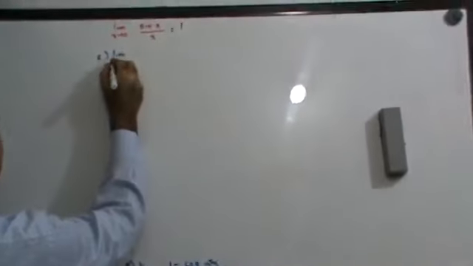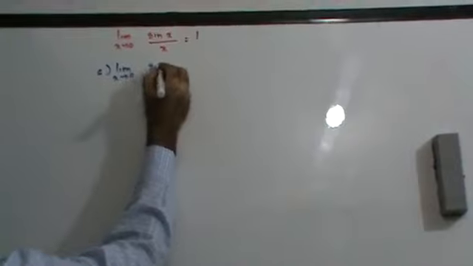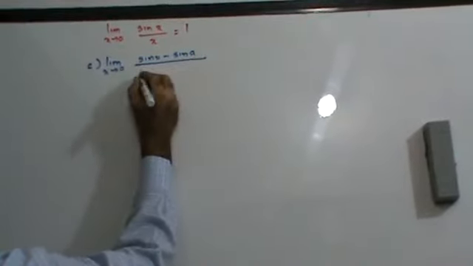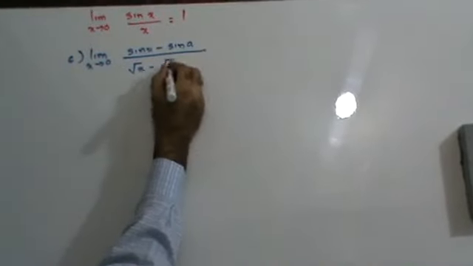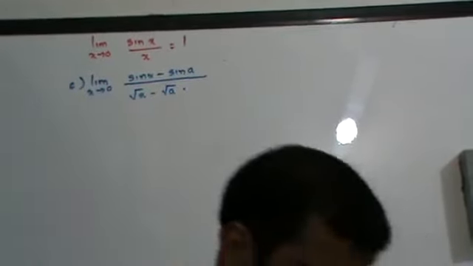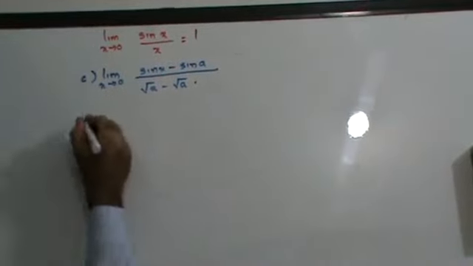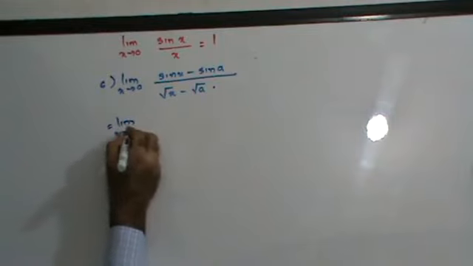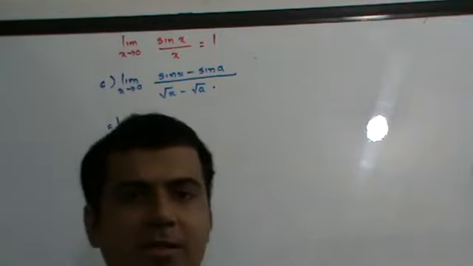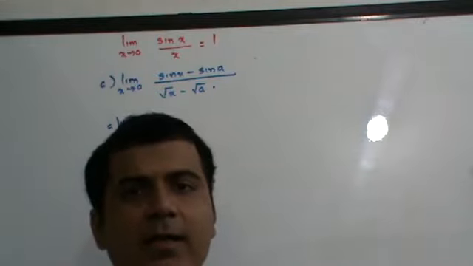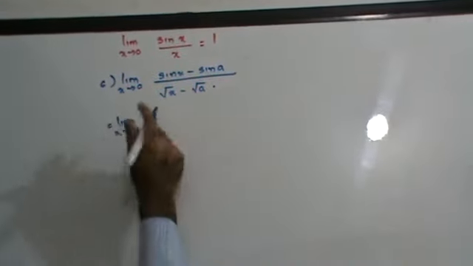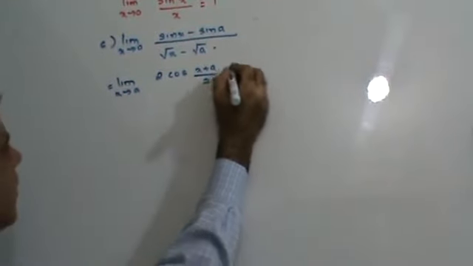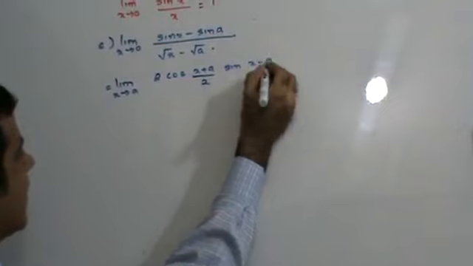Limit of x tends to a, (sin x minus sin a) upon (root x minus root a). Right? Now again I will have to use a factorization formula. Sin minus sin is 2 cos sin. So this can be written as 2 cos (x plus a) by 2, sin (x minus a) by 2.